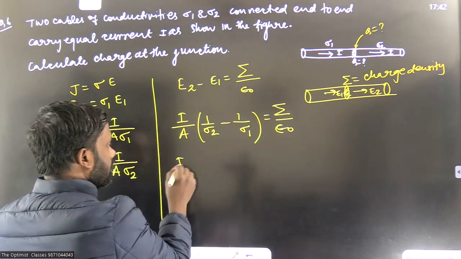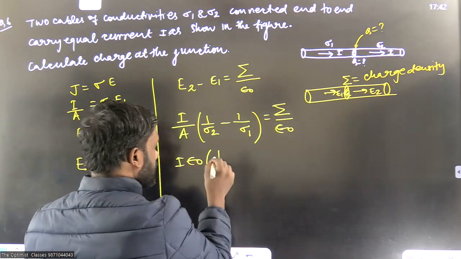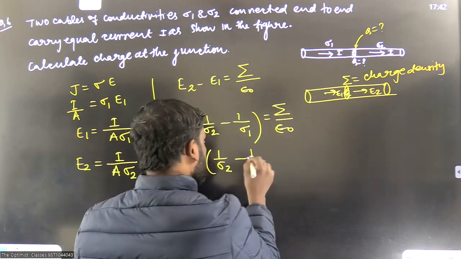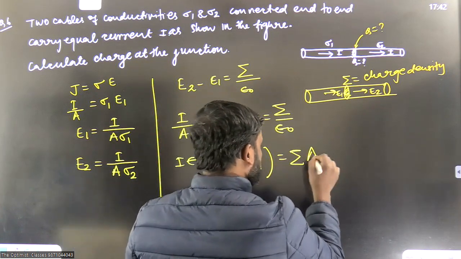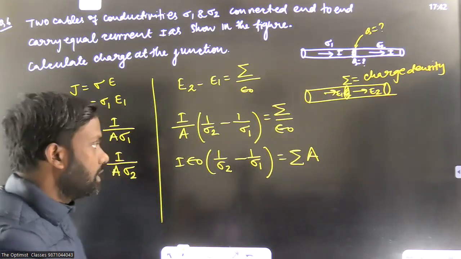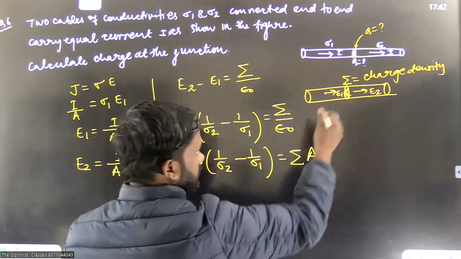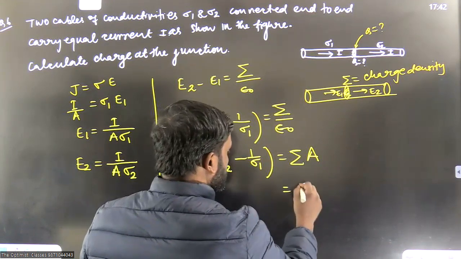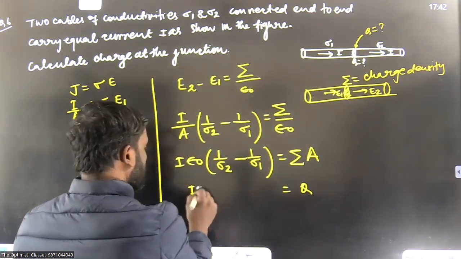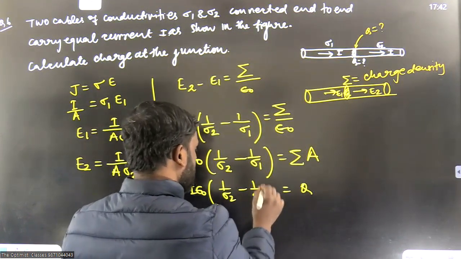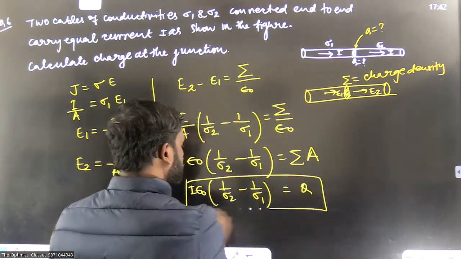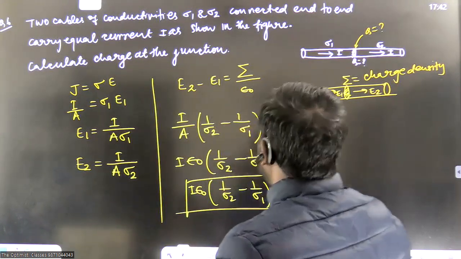Here we get I into epsilon naught, times 1 by sigma 2 minus 1 by sigma 1, and here you get sigma into area. Sigma into area actually gives you charge. So the charge is I into epsilon naught times 1 by sigma 2 minus 1 by sigma 1. That is the charge at the junction. That's the answer. This was question number 6.